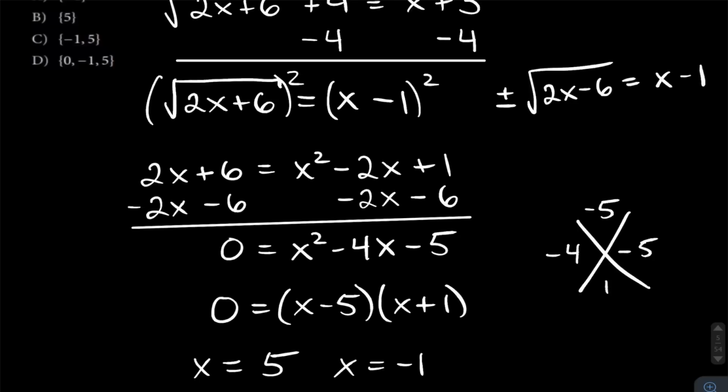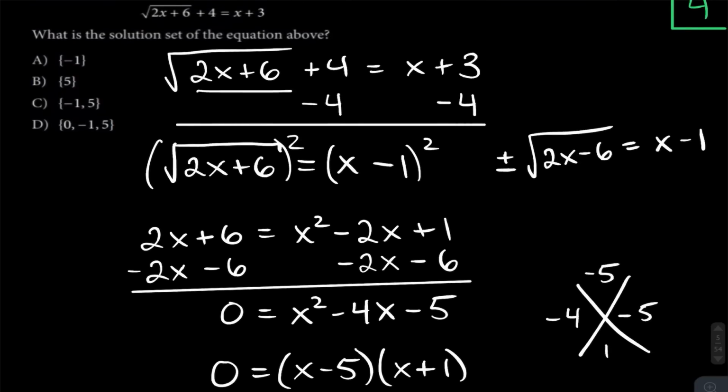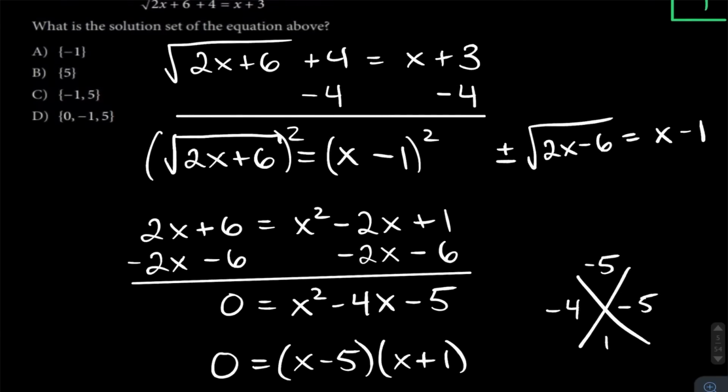That's what we've really solved for here. And so what we need to do is make sure that these solutions work for the original equation, because if they don't, then they're not going to be part of our solution set.